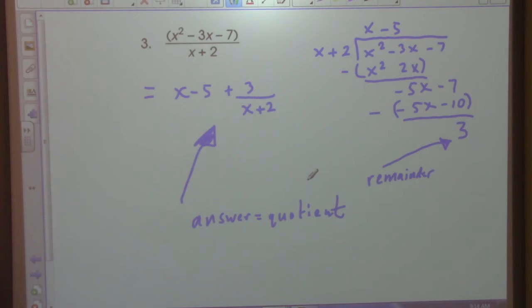Okay, I'm going to mention one other thing. This is important. Since we did not find a remainder of 0, it means that x plus 2 is not a factor of x squared minus 3x minus 7.